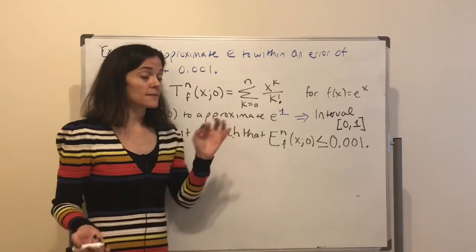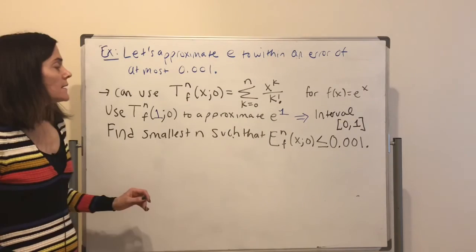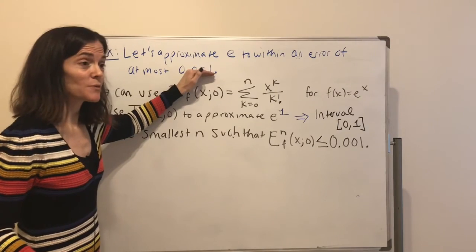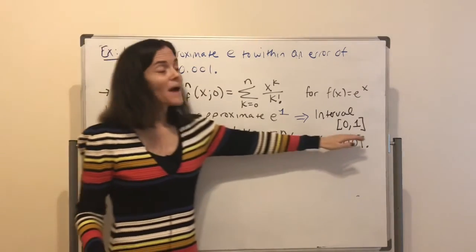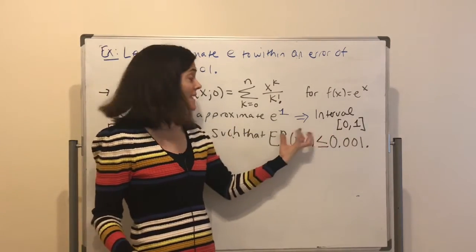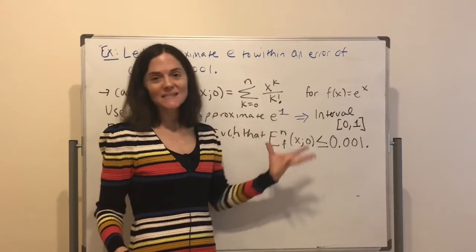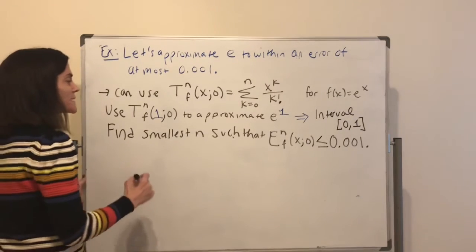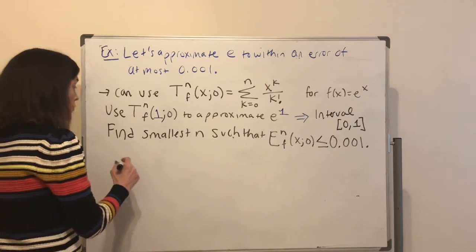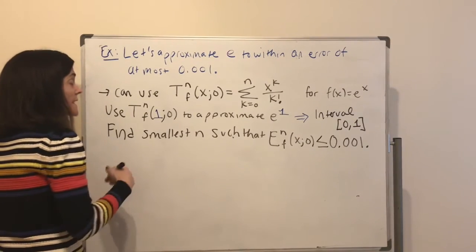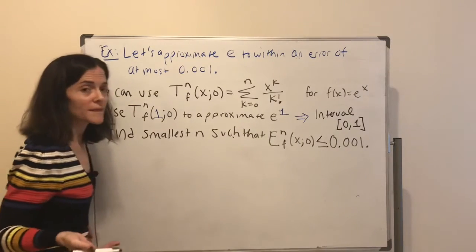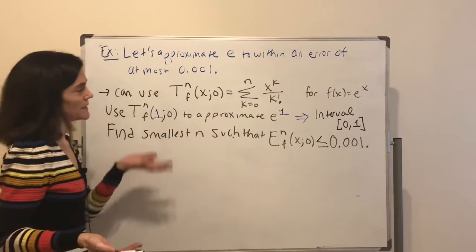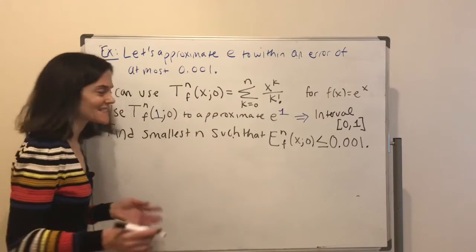But unlike the examples that I've been doing, I'm given an error, and I want to be less than or equal to that error. And I know my interval, but I want to find the capital N, smallest such, that will work. Okay, so let's do it. Well, I know this one is nice because I know what the derivatives are. All of the derivatives forever for e to the x are e to the x, right?